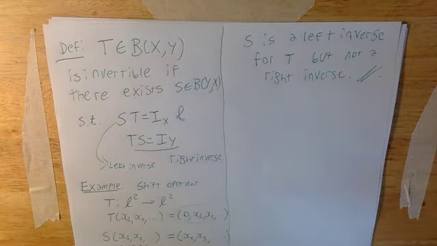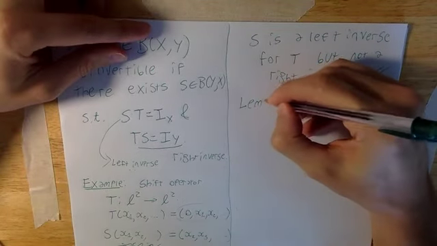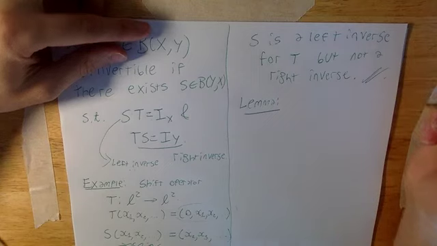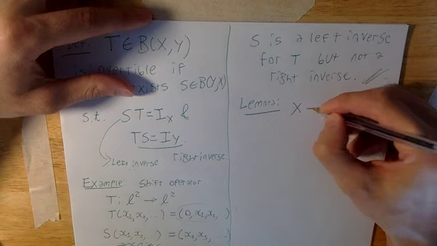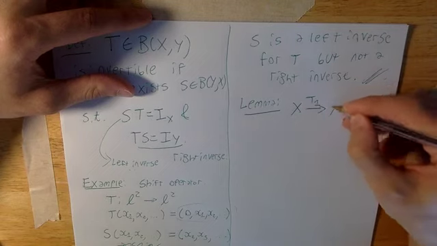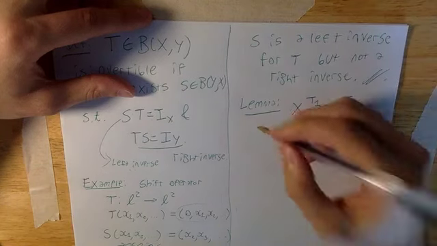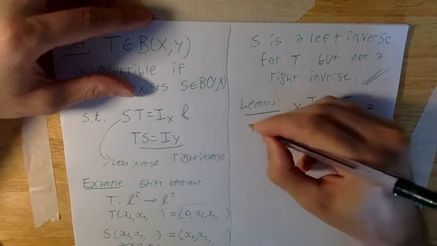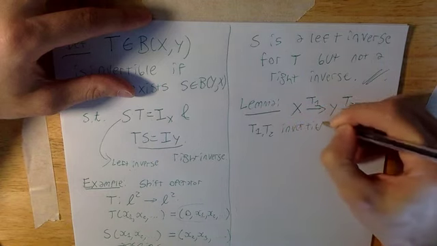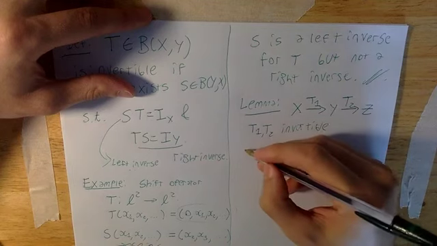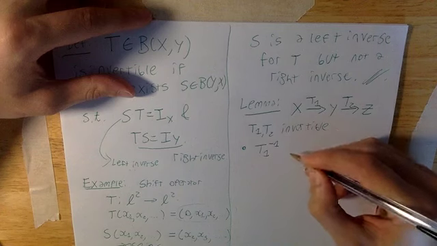Okay. Anyways, let's look at a quick lemma of these things. Let's say that we have X going by T1 onto Y and by T2 onto C, such that T1 and T2 are invertible. Then what are the properties? T1 inverse is also invertible.